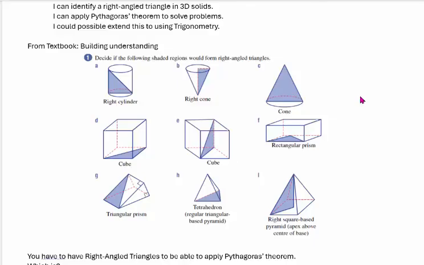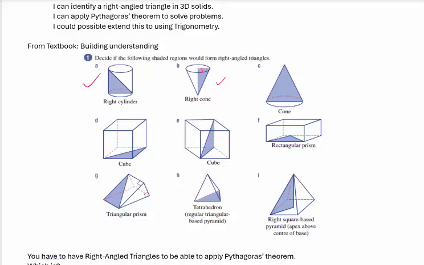So the first thing that you need to be able to do is identify or find a right angle triangle, because if it doesn't have a right angle triangle, then we can't use Pythagoras. So here you can see it's already done for you. This one has one. Here you can clearly see that that's a right angle triangle.